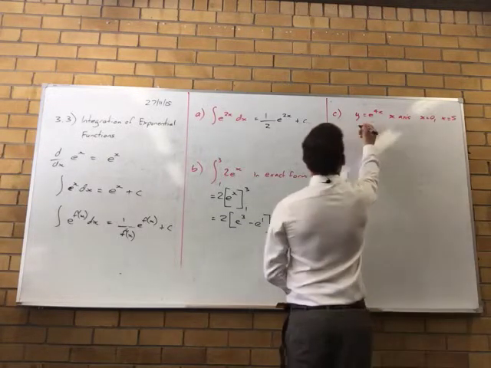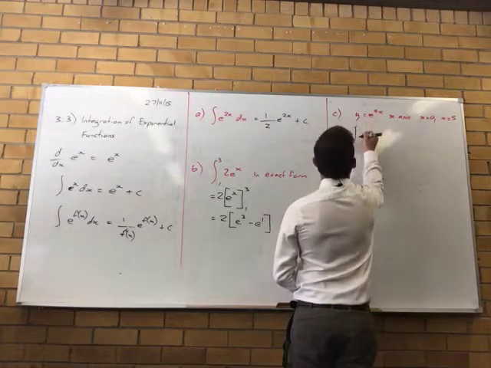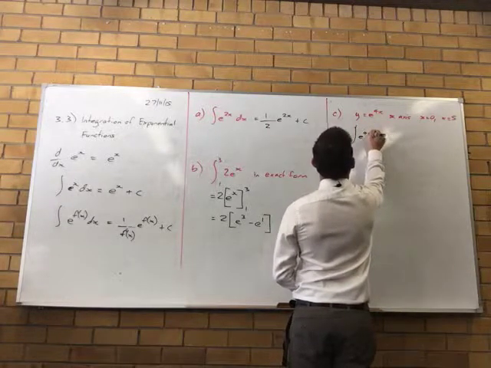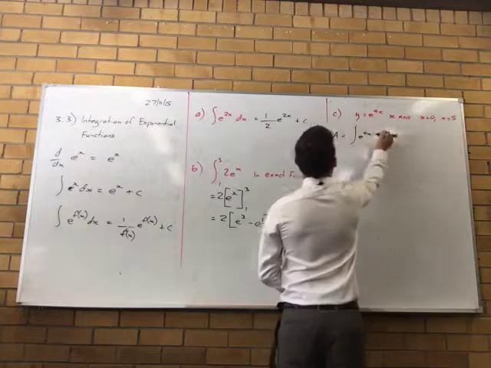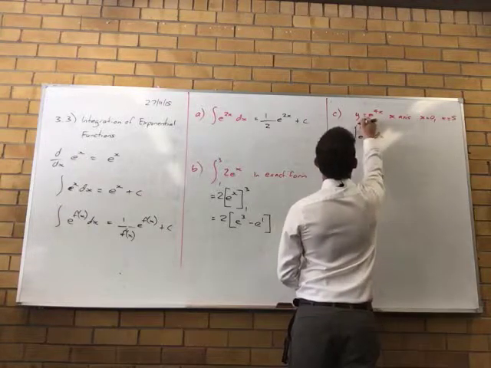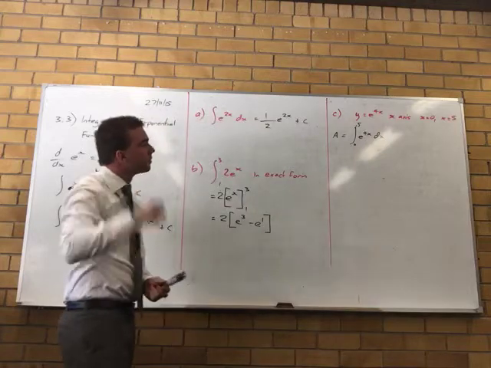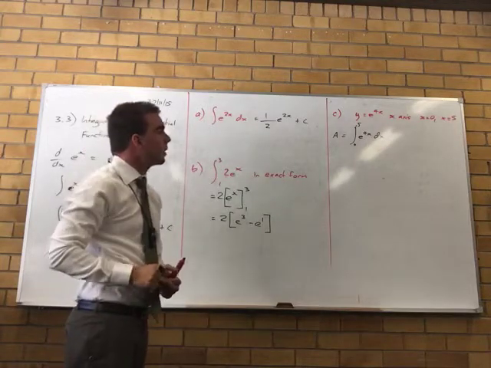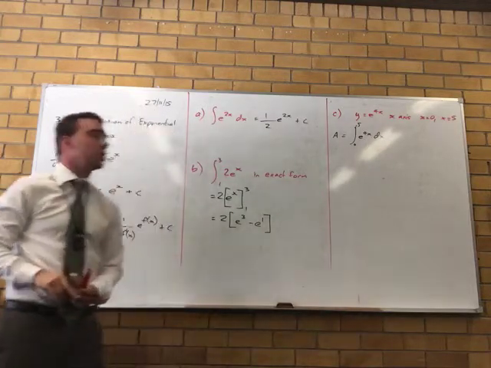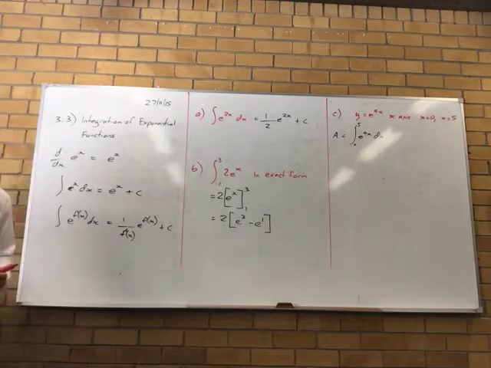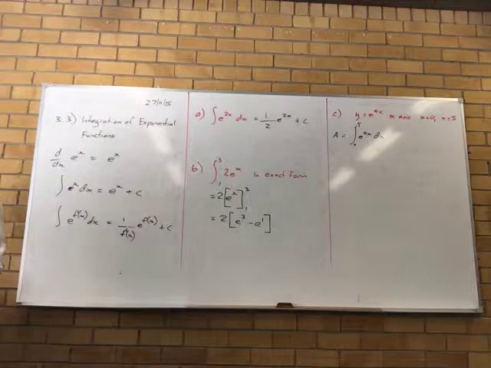Alright, so everything's all set up, ready to go. We're going to integrate e to the power of 4x with respect to x from 5 to 0. So what is the integral of e to the power of 4x? Using the rule, 1 over 4.